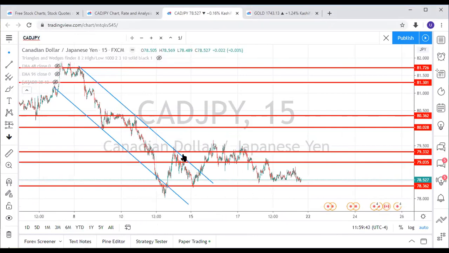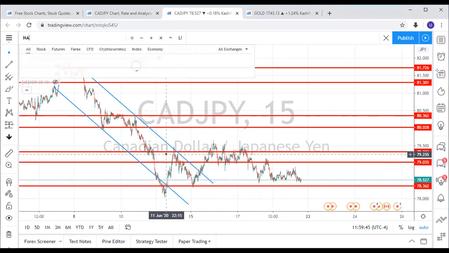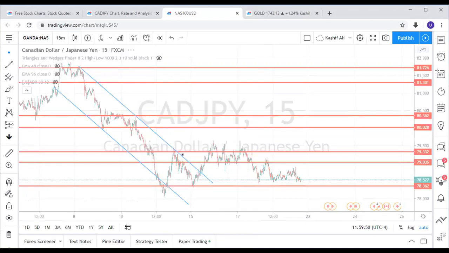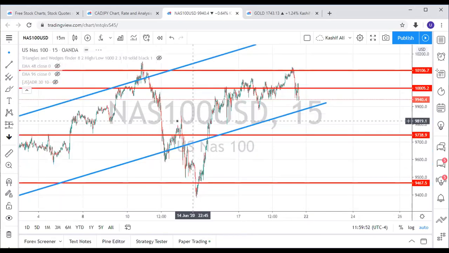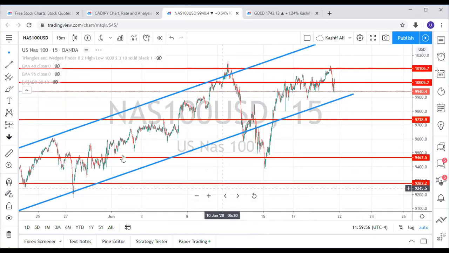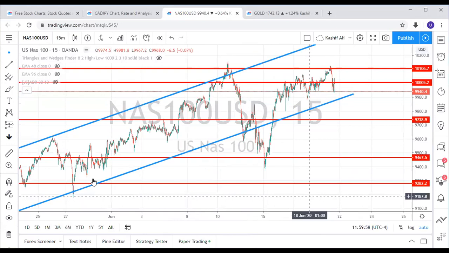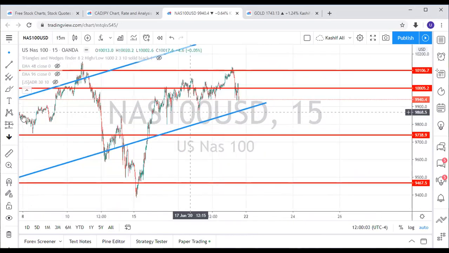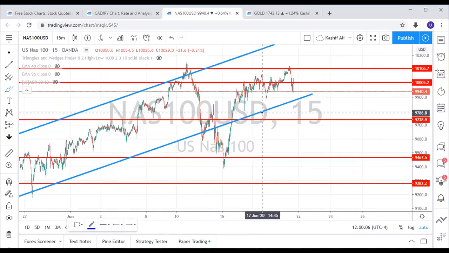Let's have a look at NAS 100, NASDAQ 100 US. So NAS 100, amazing. It is following the upward channel right now. How will we sell?